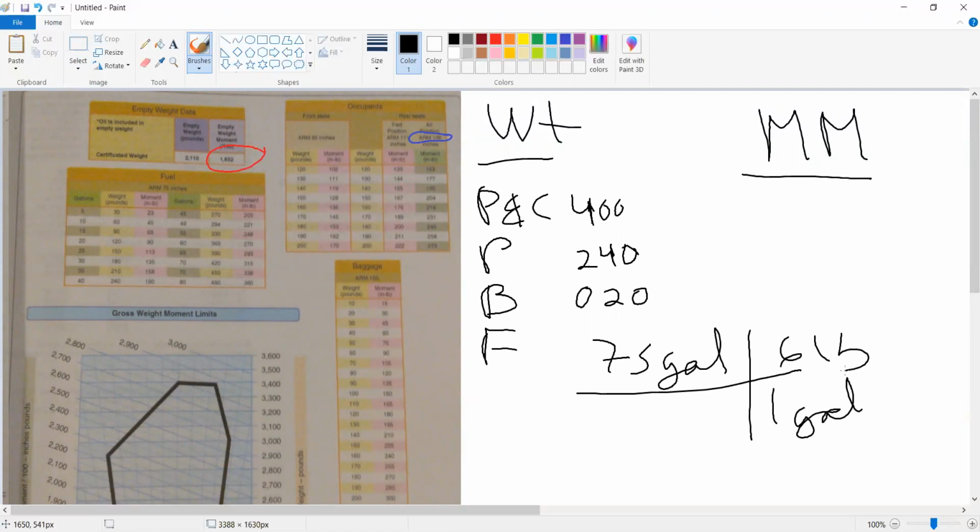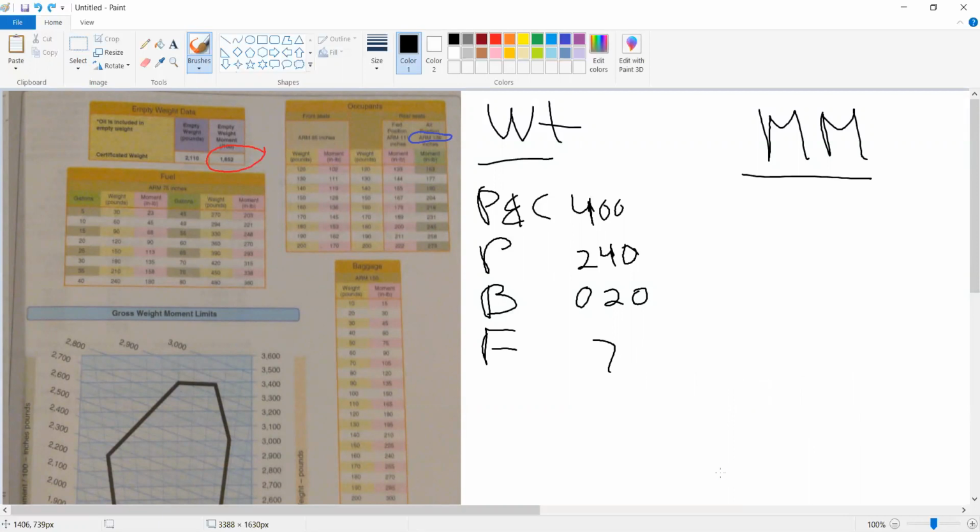So we have to do 75 times 6. 75 times 6 is 450. So let's put that there. 400. There are a lot of fours in this problem. 450. All right, and then the empty weight with oil.